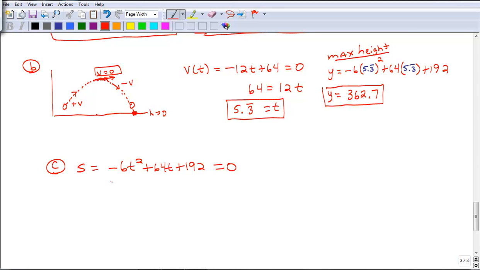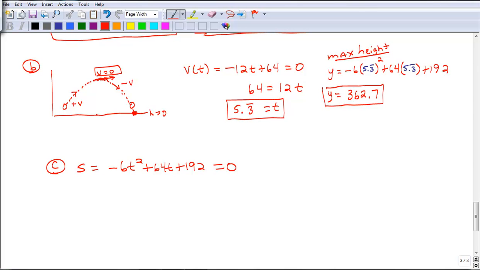So to solve this, it's a quadratic equation. I could use the quadratic formula. In this case, I can factor out a -6. I'm left with t squared. Oh no, that doesn't work very well. I'll leave it like it is, and I'll use the quadratic formula. This is a weird one to factor.